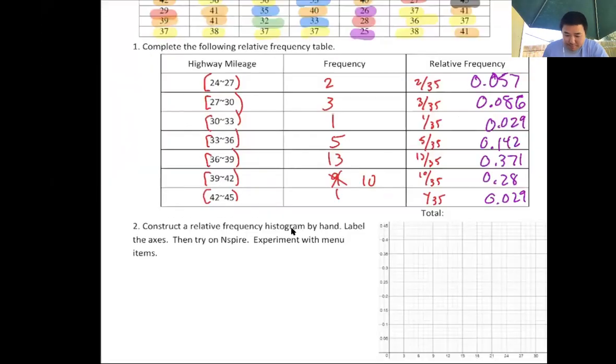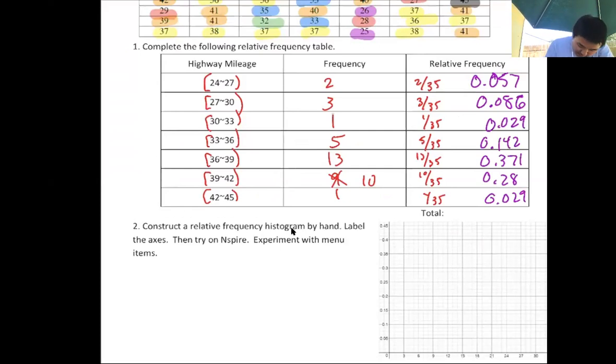Okay. 4.3.2. Normal probability. So we have some notes.